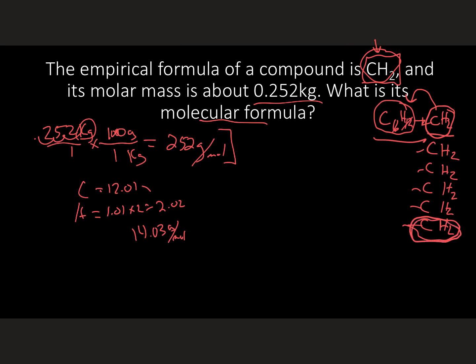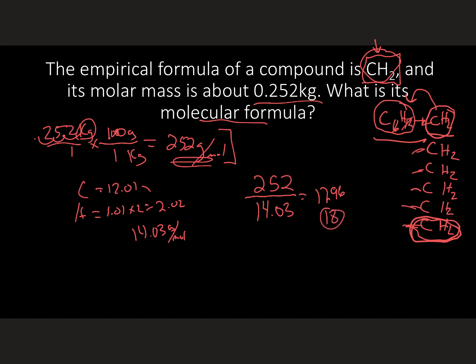But we need to figure out how many parts are in the total. So if we do 252, that's the total, divided by 14.03, that will tell us basically how many parts we need to make the molecular formula. So when we divide that, we're going to get 17.96, which is about 18, right? So we'll just round that off to 18.